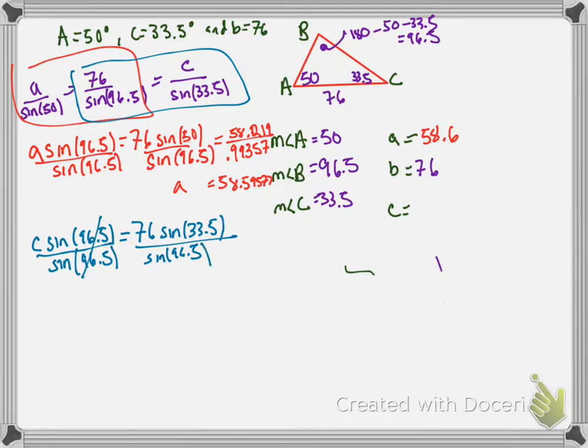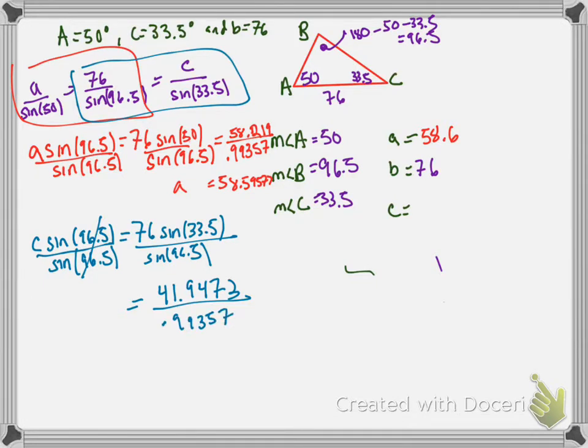Okay. Once again, I gotta put all this into my calculator. So sine 33.5 times 76, which is going to be 41.9472 divided by sine 96.5, which is 0.99357.